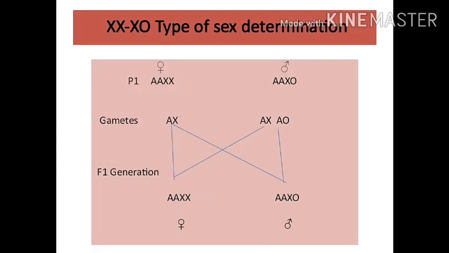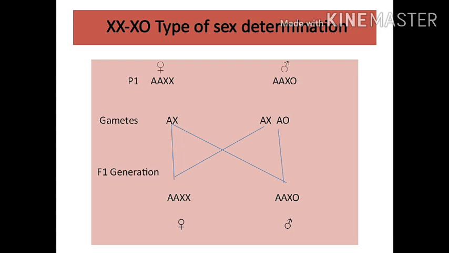Observe the chart showing the cross between XX and the sperm carrying X chromosome and another one without X chromosome. The female produces only one gamete, that is X, and the male produces two gametes, one with X chromosome and another one without X chromosome.